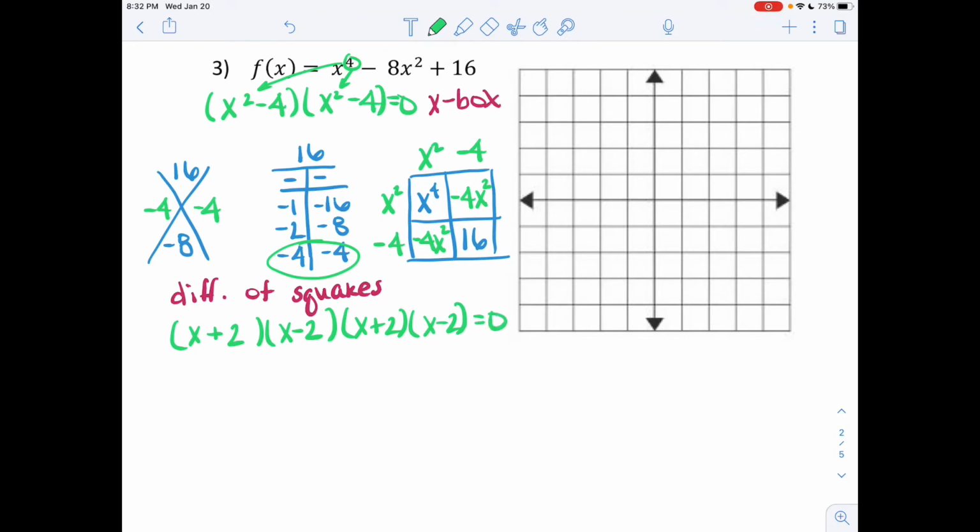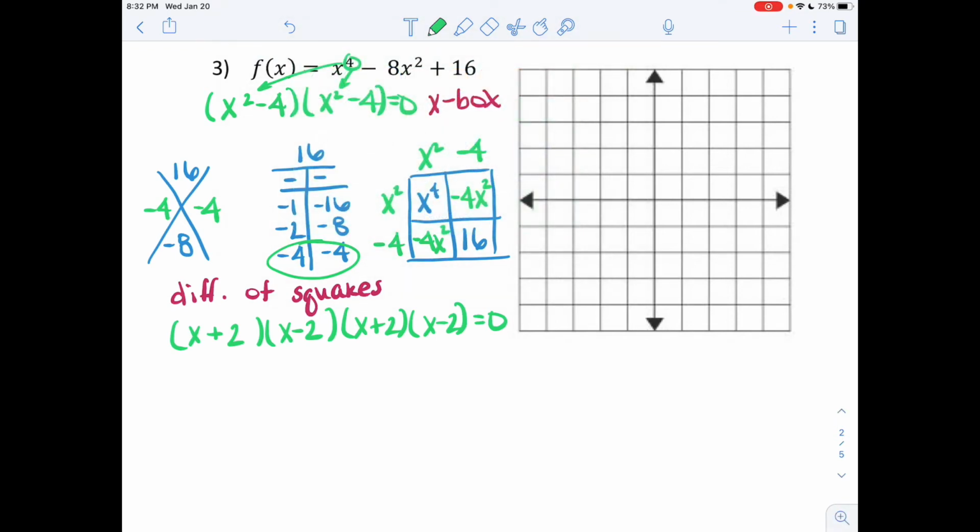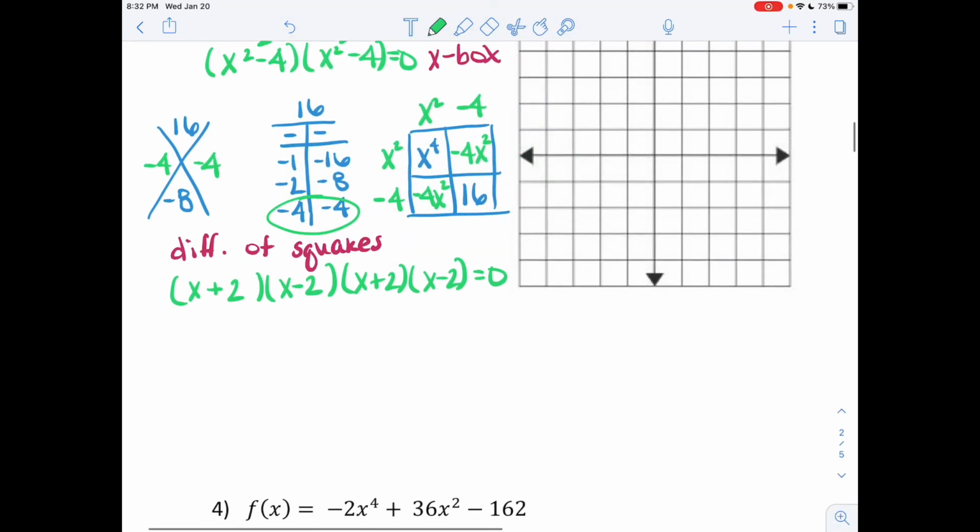Now I need to see if I'm done or if I can factor more. And I notice that every one of these terms is linear, so that means that I'm done with factoring. However, there is a way to simplify this and make it look a little neater. And so what we're going to do is say x plus 2 is actually squared, because remember the definition of squaring something is taking something like x plus 2 and multiplying it by itself.